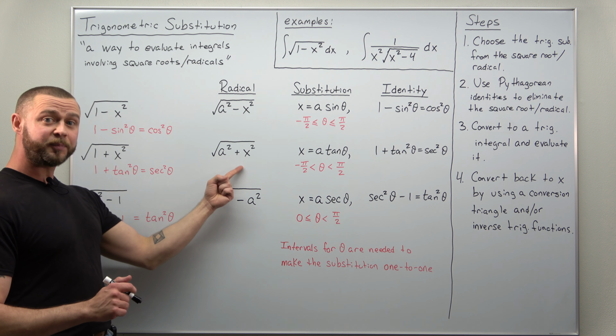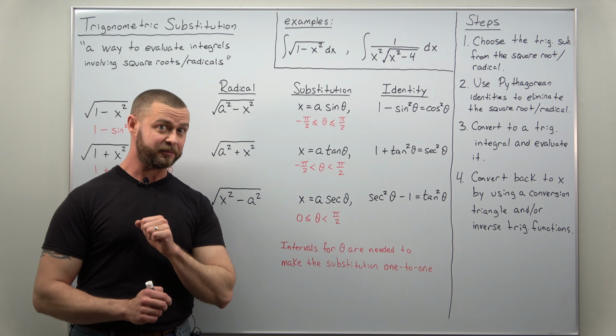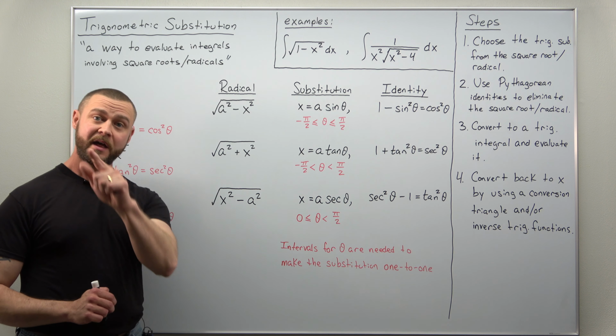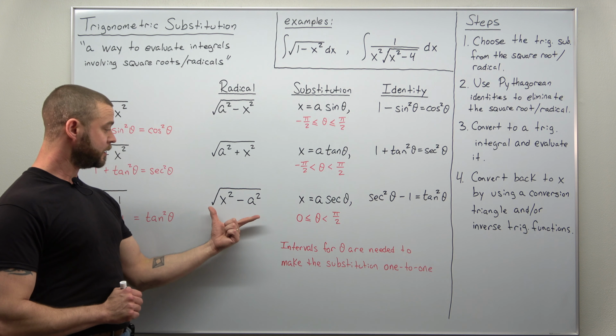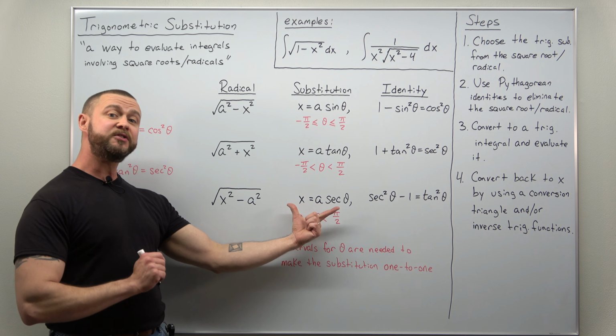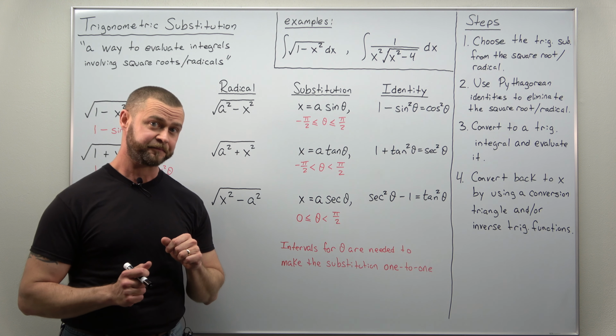Square root of a squared plus x squared, we're using the trigonometric substitution x equals a times tangent theta. And then the last or third radical, the square root of x squared minus a squared, we make a substitution for x equals a times secant theta.